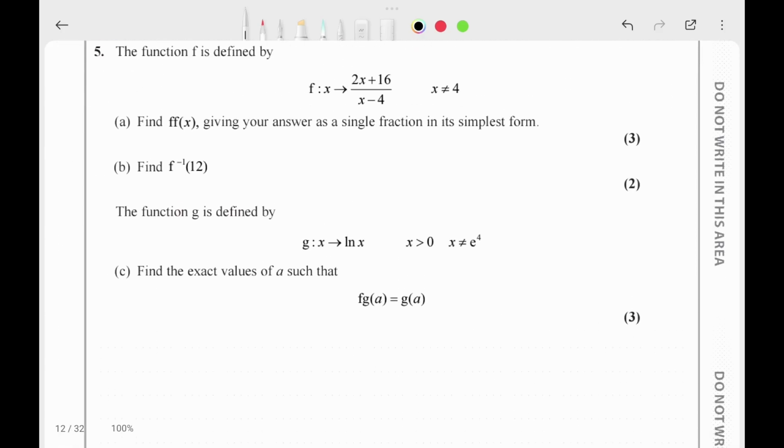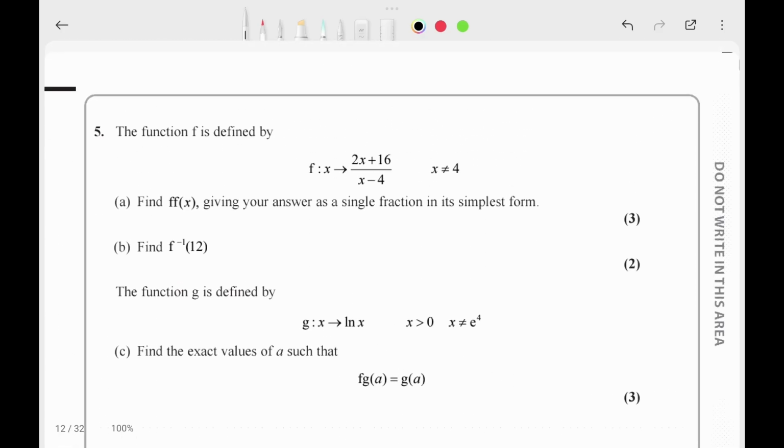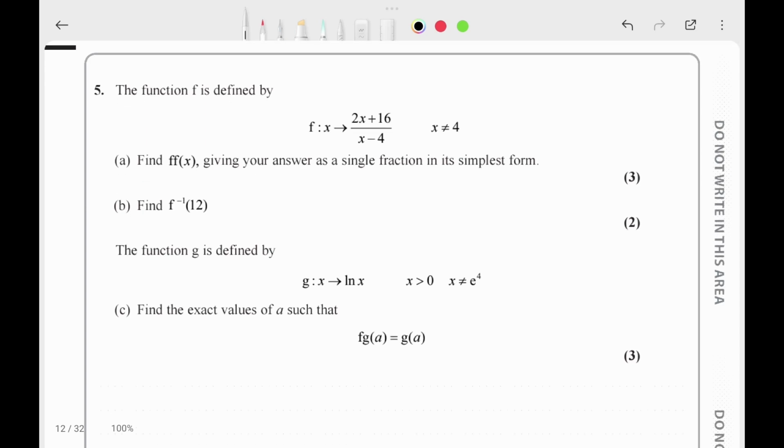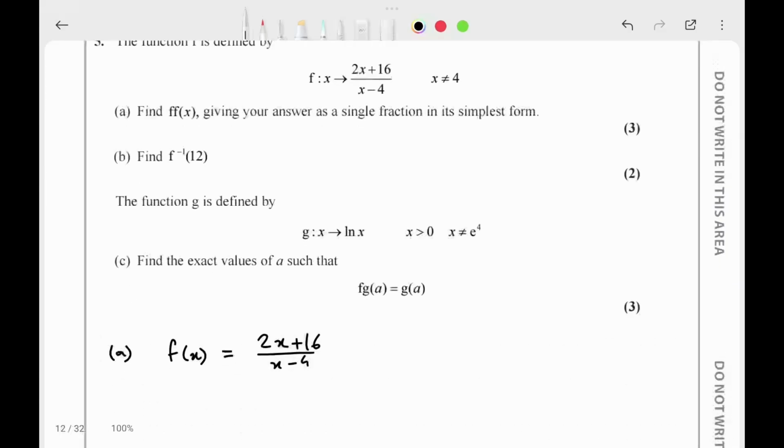Moving on to number 5. Here we're given a function, and we need to find f of f of x, and express it as a single fraction in its simplest form. So f of x is equal to (2x plus 16) divided by (x minus 4).